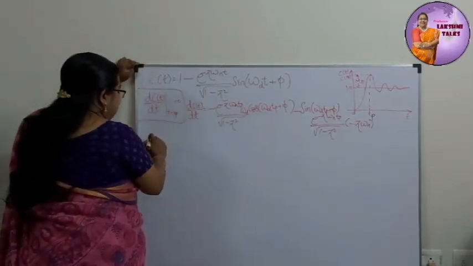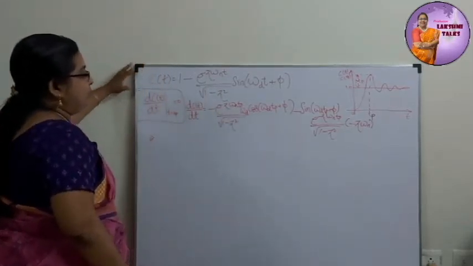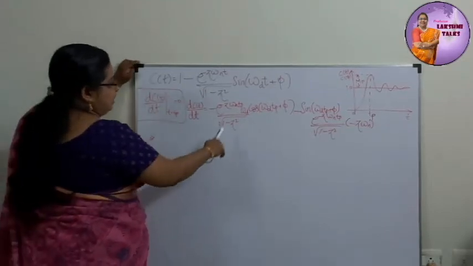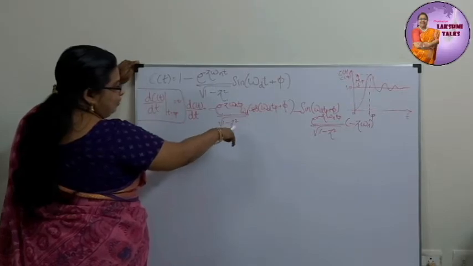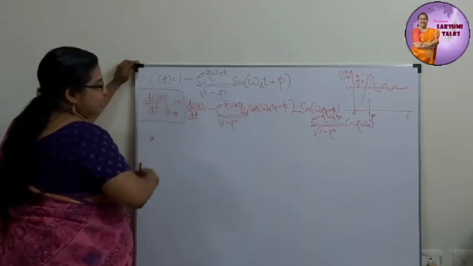So I'll rewrite this. See, e power minus zeta omega n tp by root of 1 minus zeta square is common, so I'll take it outside.